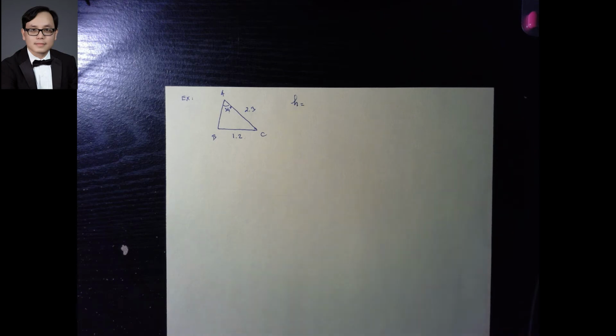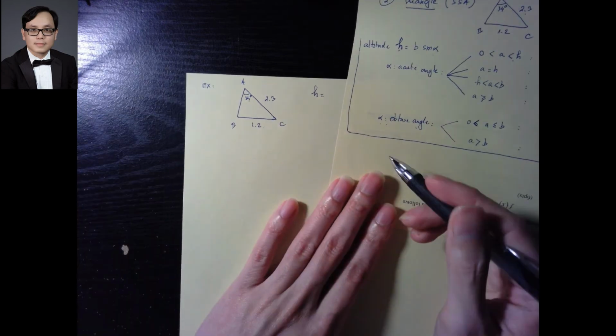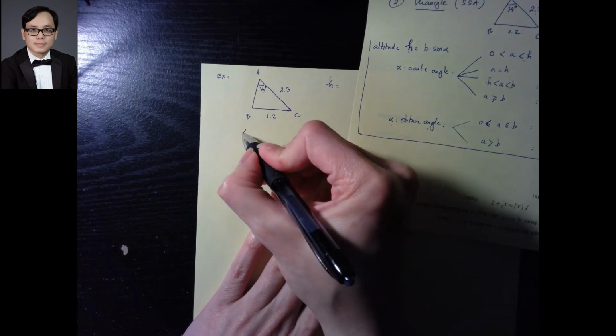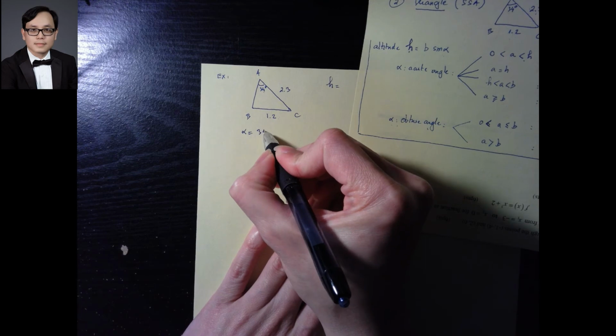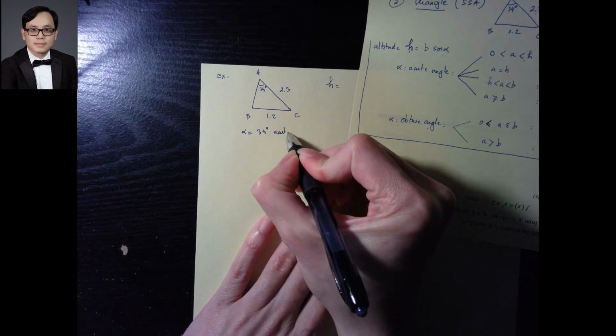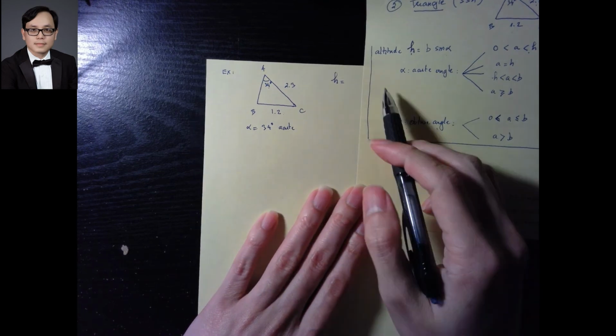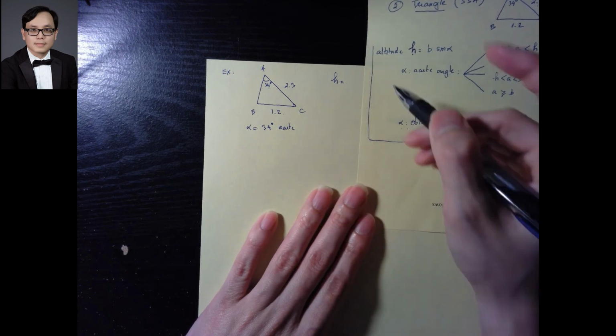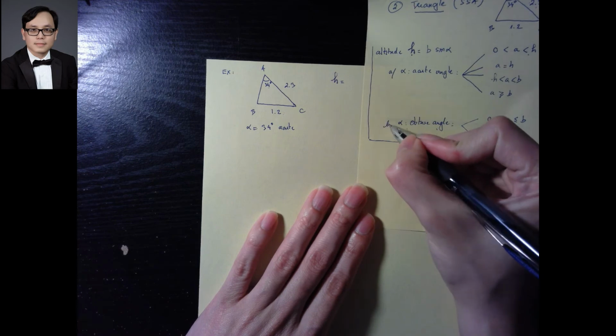But in this case your alpha, 34 degrees, is an acute angle, and because it's acute, we have to use this case.